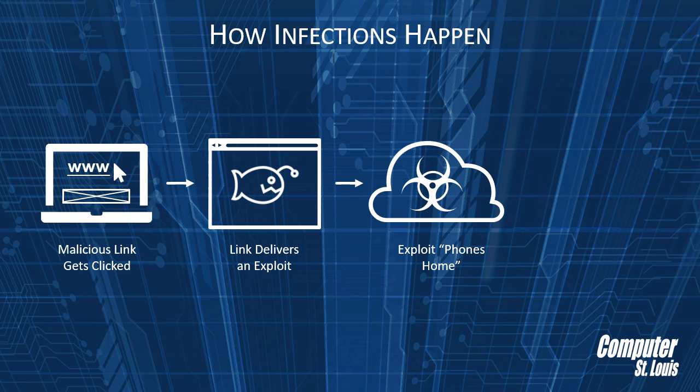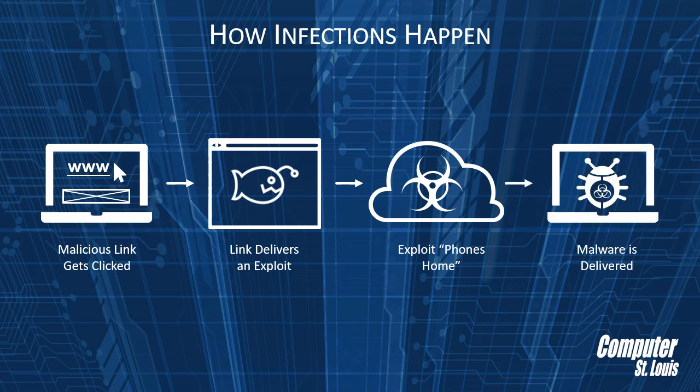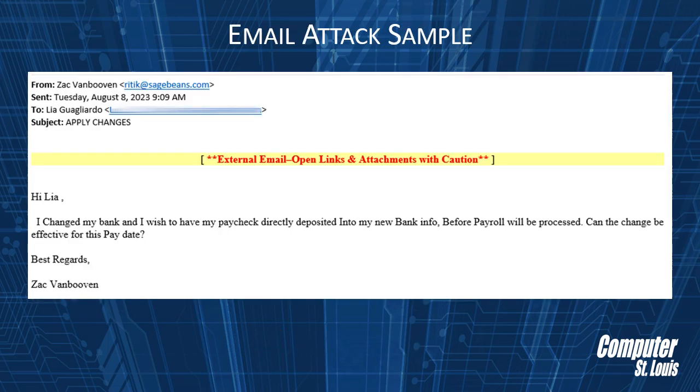That exploit will then figure out a way to phone home, and once it phones home, real malware is delivered and will begin spreading throughout your network. Ideally, this entire chain is broken if the person interacting with the internet or email does not click on the link in the first place. If you don't click there, none of this can happen and you will stay clean.